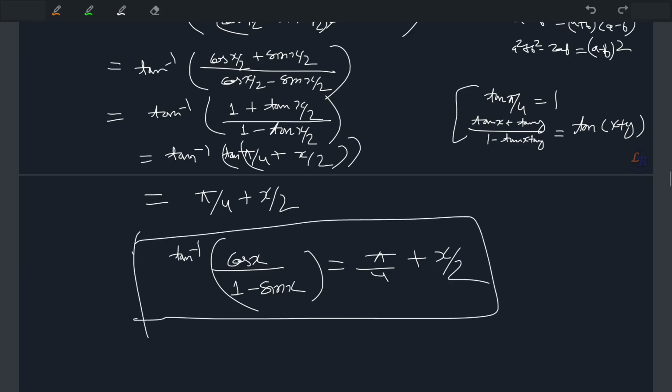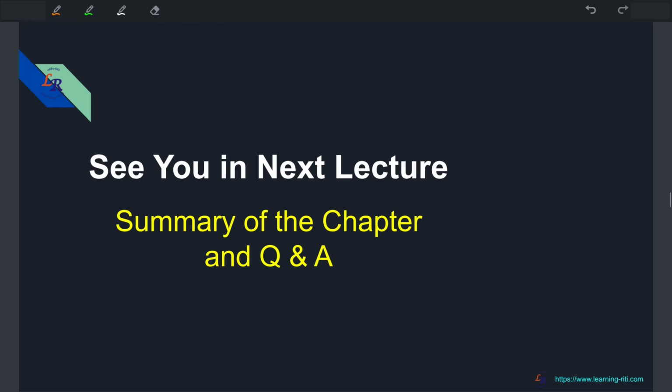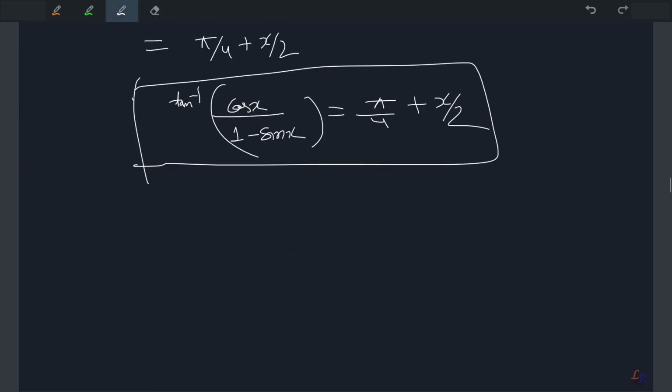Good. Let's have one last example here, the last one. Here it is said to find the value of cos of sec inverse x plus cosec inverse x, where mod of x is greater than or equal to 1.